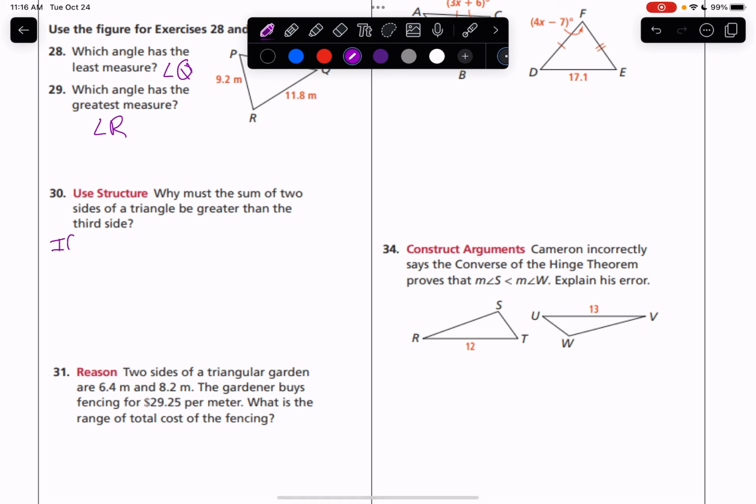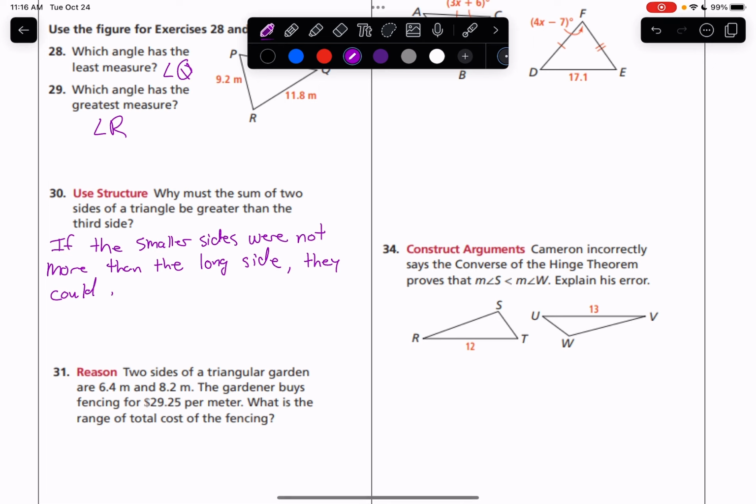So if the smaller sides were not more than the long side, then they could not all meet end to end. But of course, you might have something different there, and that's fine.